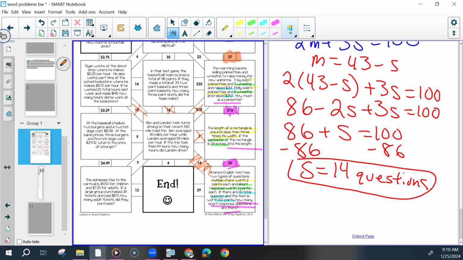What's important there? 820 miles. Miles per hour, I'm also going to say that that's for Ben. 56 for Landon. 14 hours total.